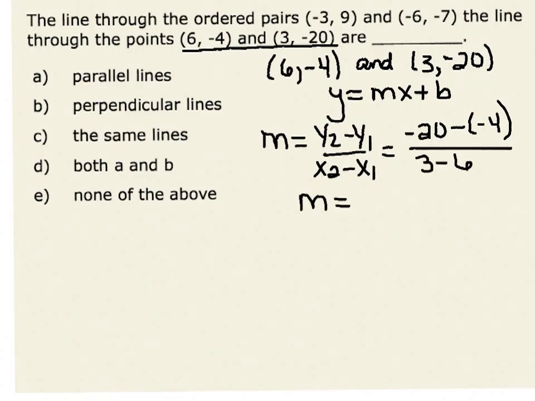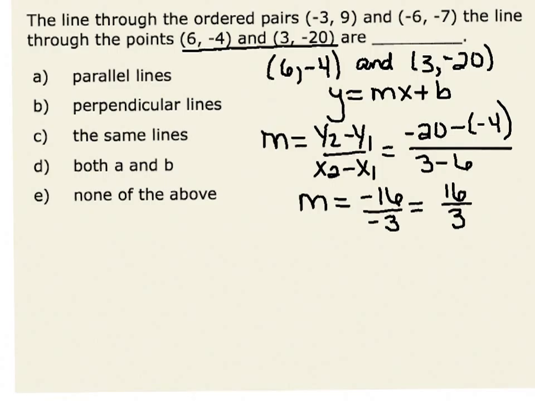Our slope is then -20 plus 4, which is -16, all over 3 minus 6, or -3. Again, we find that our slope is equal to a positive 16/3.